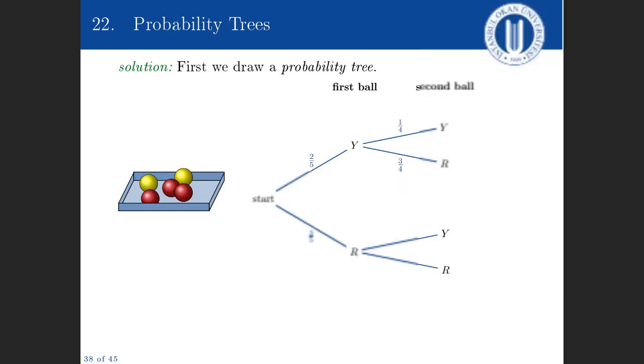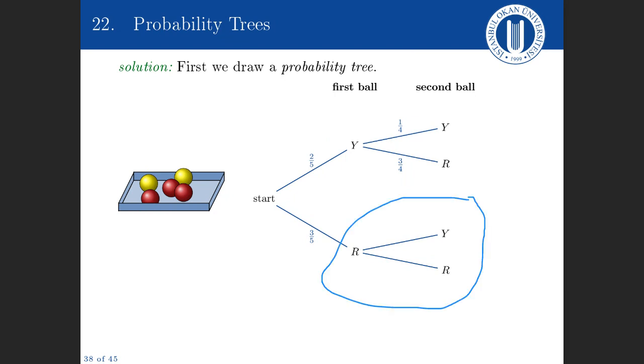So the probabilities are going to be 1 over 4 and 3 over 4. And then we move to the second half of the tree. First one we've taken out is red, so that's not there anymore. And then we have 2 yellow balls out of 4 and 2 red balls out of 4. So the probabilities here are going to be 2 over 4 and 2 over 4.